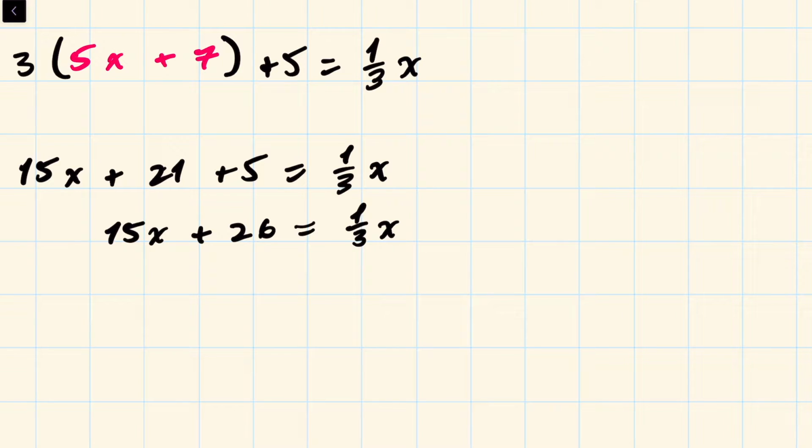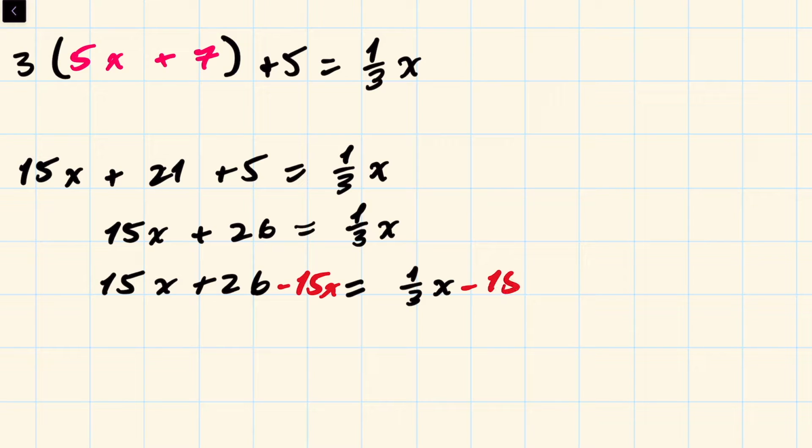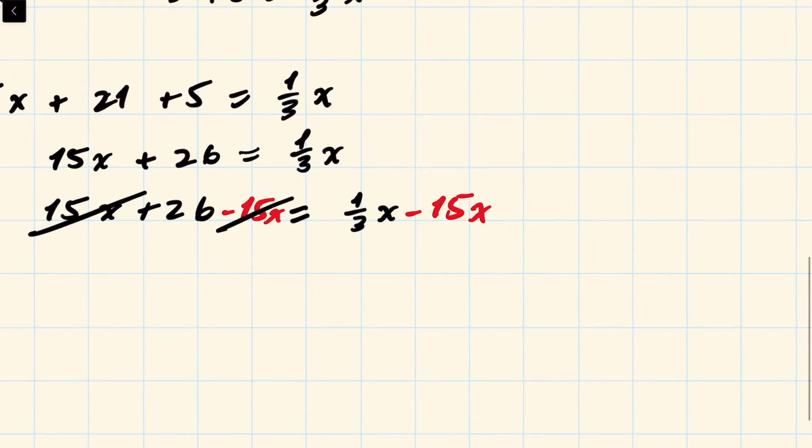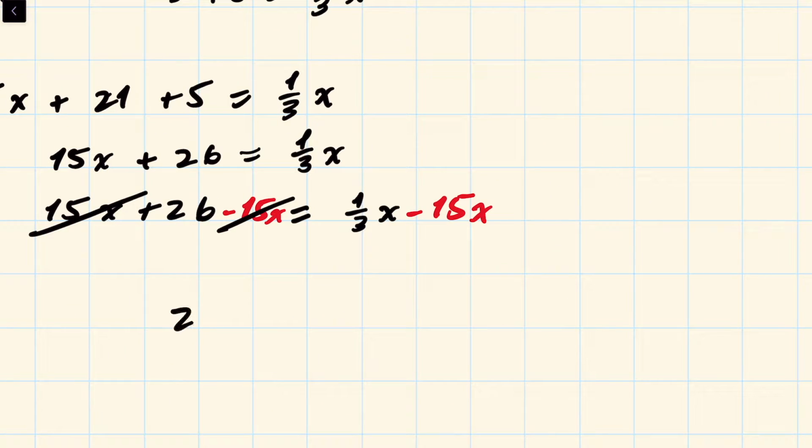To do that, we're going to subtract 15x from both sides, so that this and this will cancel. So now we have 26 is equal to a third of x minus 15x.